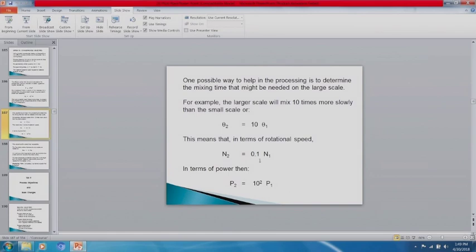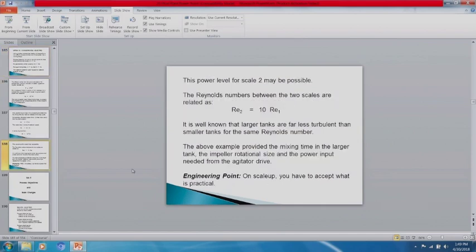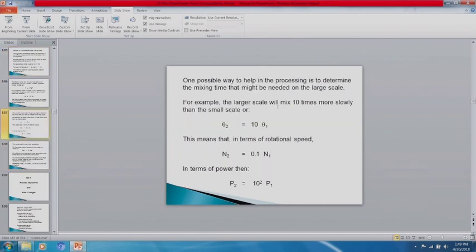So the idea here is you change process objectives. You can't do some things due to the practical limitations of equipment, so you modify your desires by choosing another process objective. Here we changed it: the large scale process will mix 10 times more slowly than the small scale process.